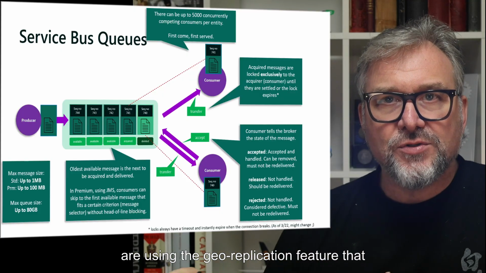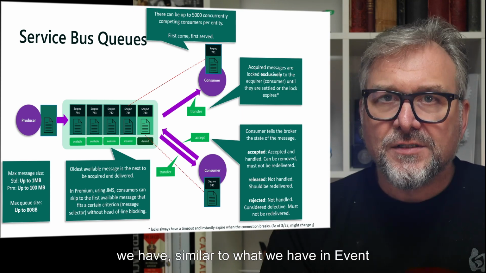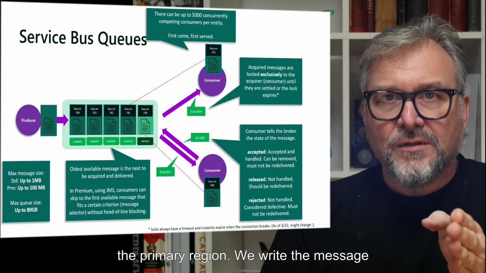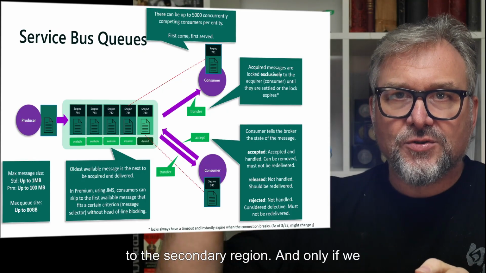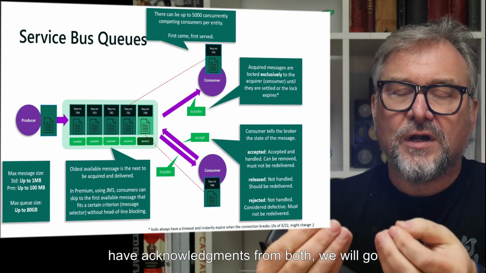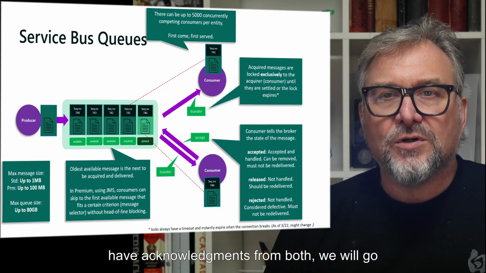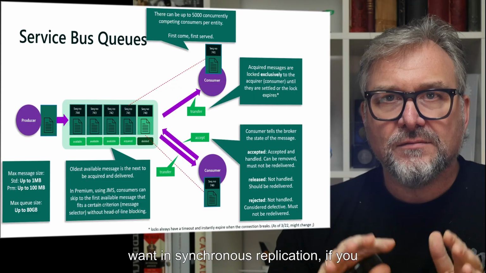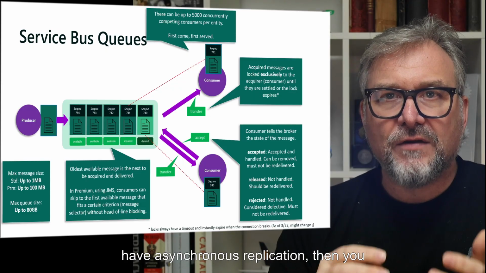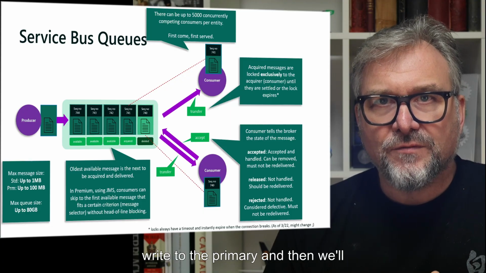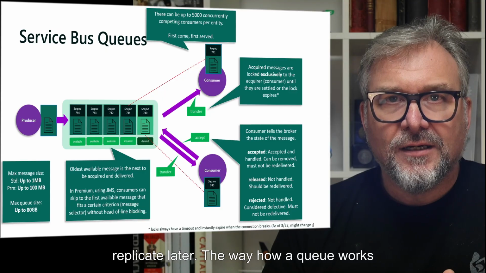And if you are using the geo-replication feature that we have, similar to what we have in Event Hubs, then we write the message to the primary region, we write the message to the secondary region, and only if we have acknowledgements from both, we acknowledge that back to you. That's synchronous replication. If you have asynchronous replication, then we write to the primary and then we replicate later.